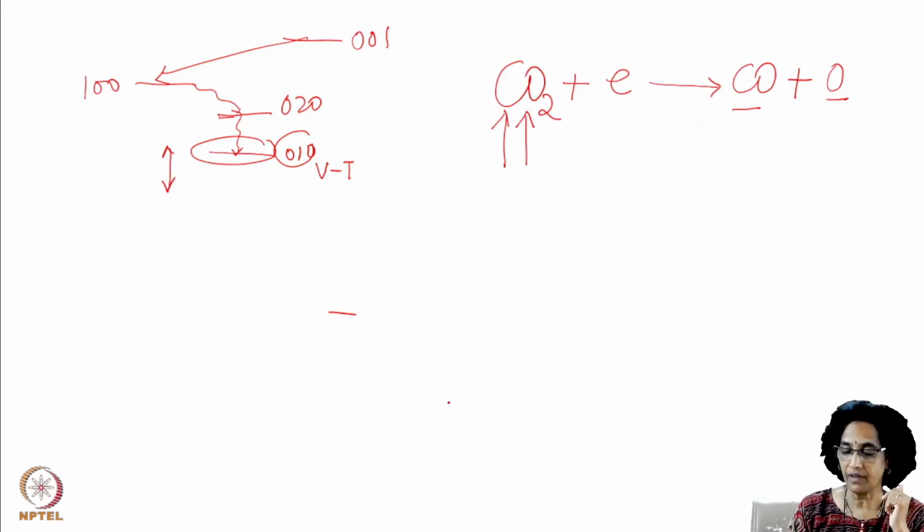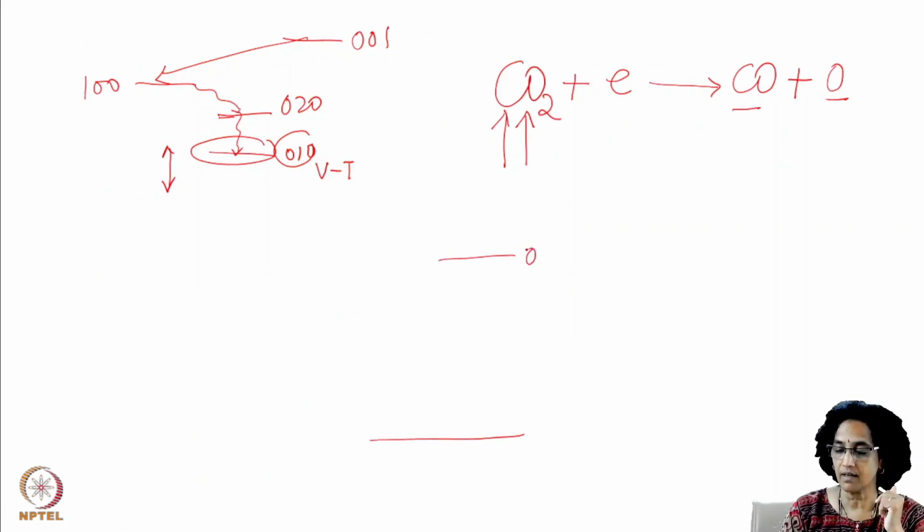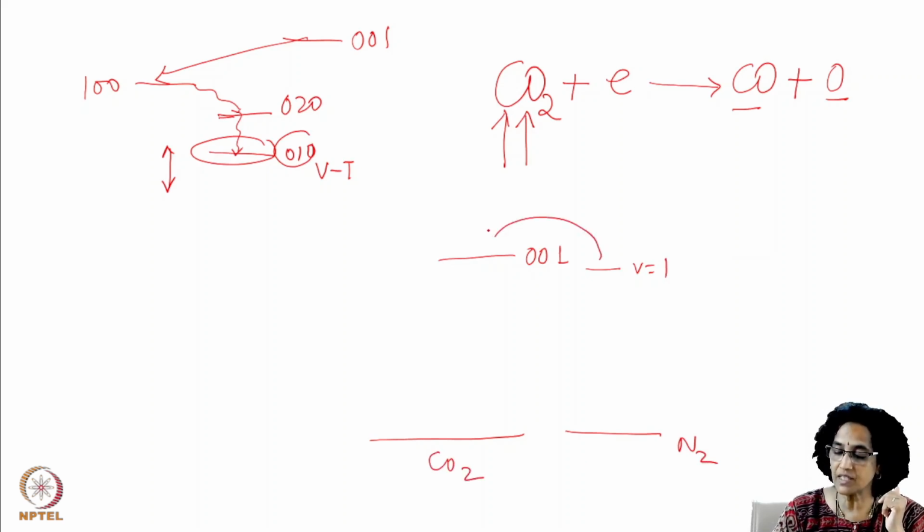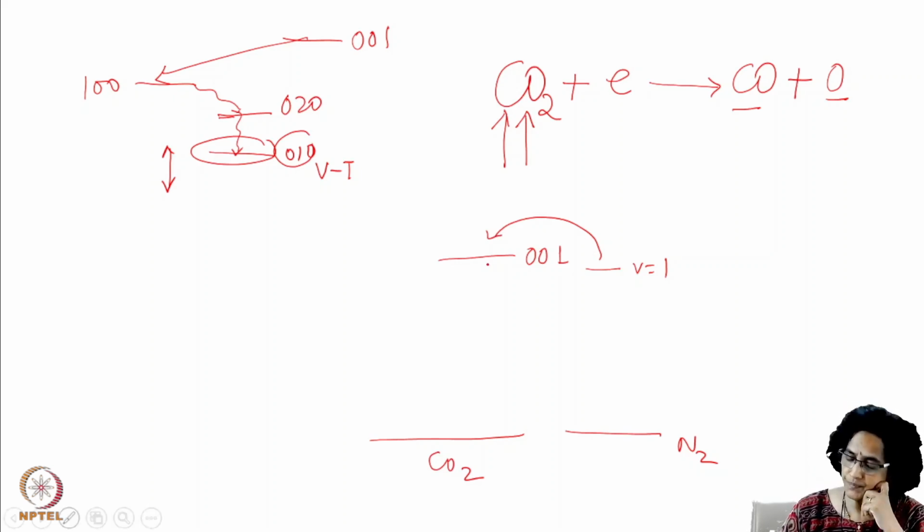That means when we say we have 001, we have nitrogen v equal to 1, which is effectively storing energy and is transferring the population.